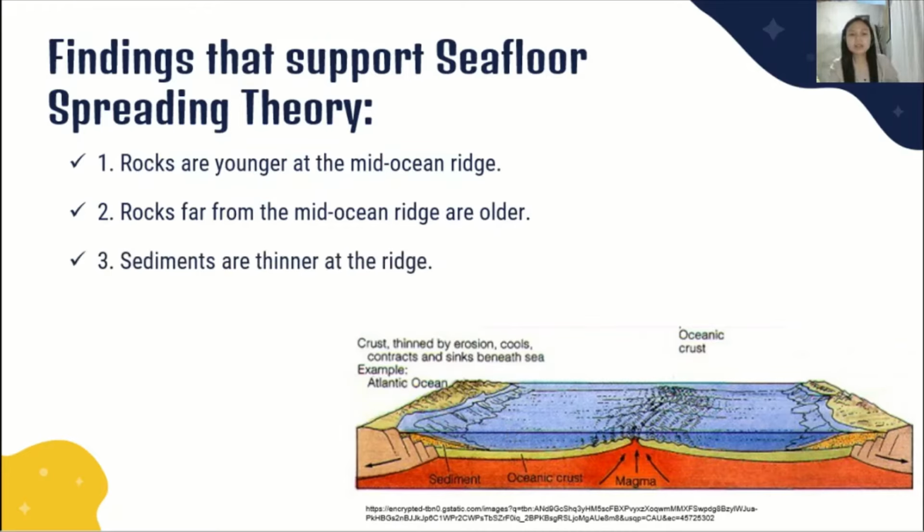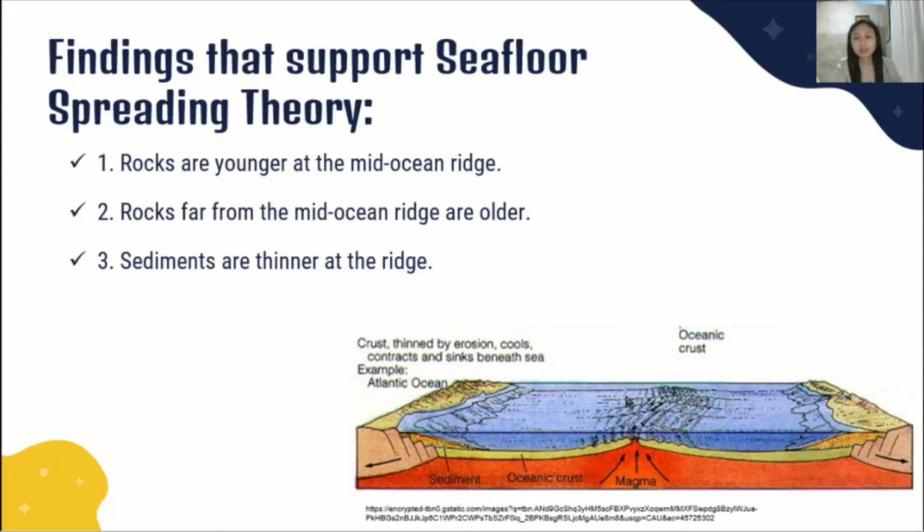Sediments are thinner at the ridge. The sediments are the accumulation of debris. They found out that the sediments in the oceanic ridge are thinner compared to the sediments here in the boundary. So it complements the findings about the age of the rocks, since as the ocean floor ages, there is a thicker accumulation of sediment.